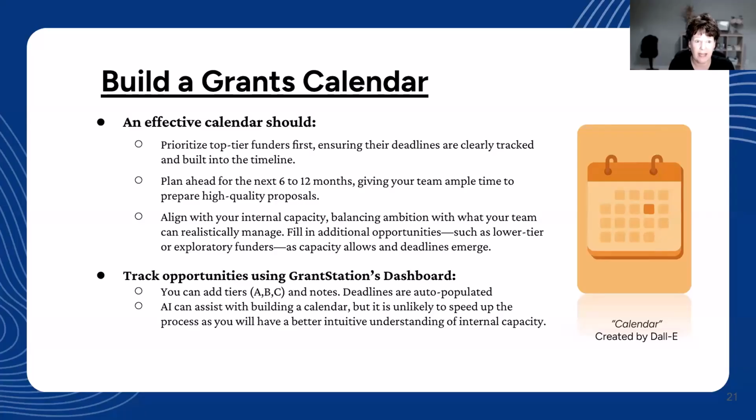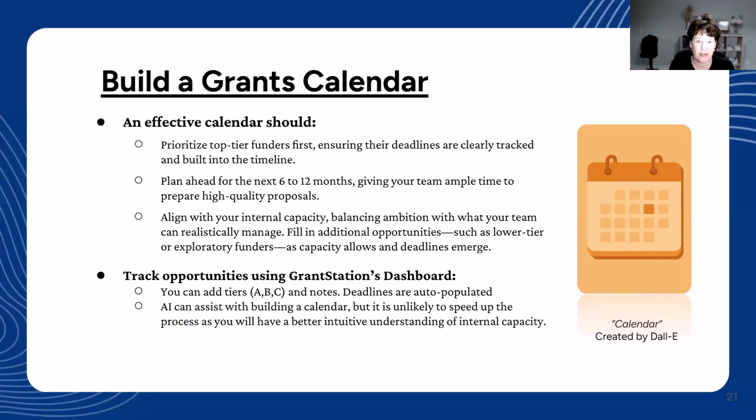When you plan ahead and look at things over the next 6 to 12 months, it really helps you look at your organization and your staffing. Perhaps the summertime is a great time for your organization to put together high quality proposals. Or perhaps your summer is your busiest time, and that's the least time that you can do that, so you need to work on that in the springtime instead.